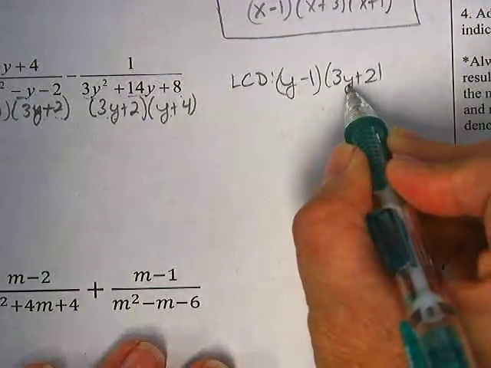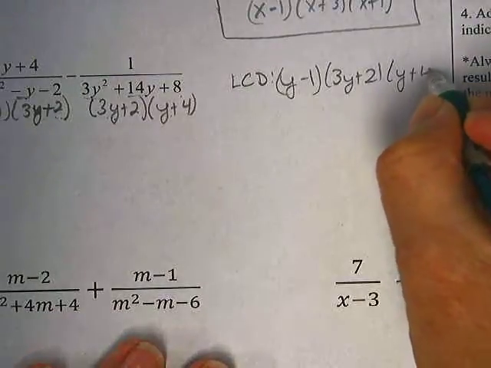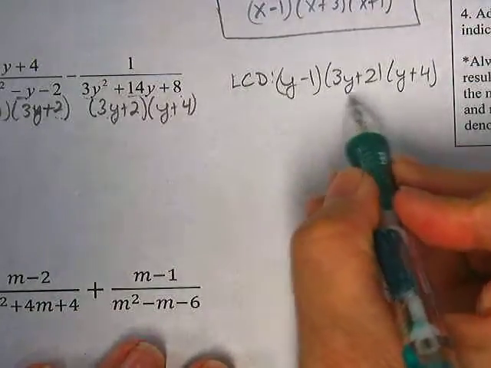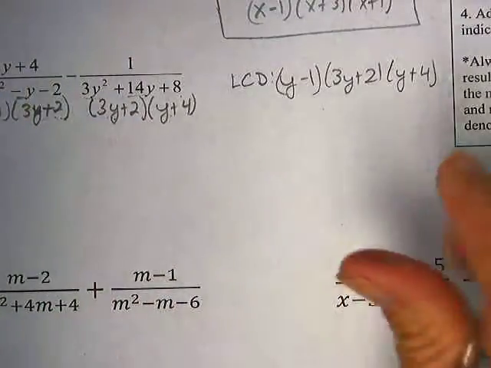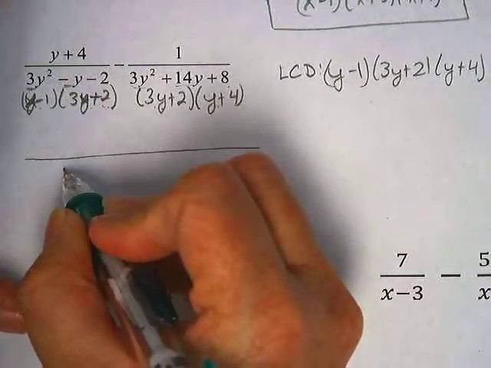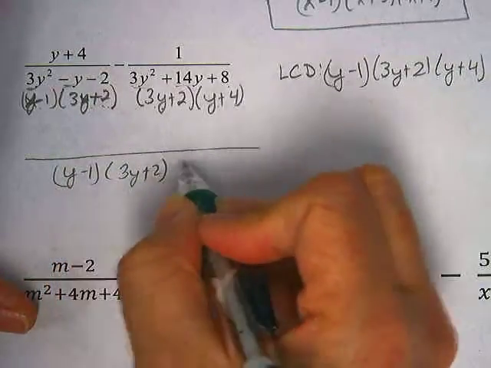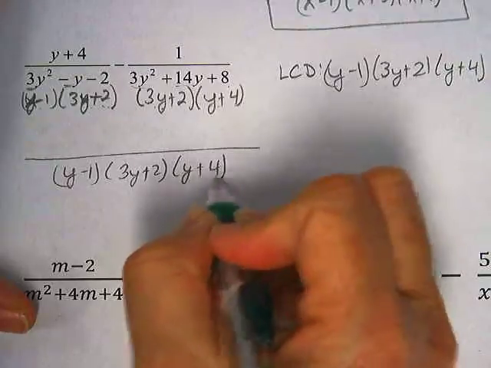So 3y plus 2, I've already got it listed, but y plus 4 needs to be in here. So my lowest common denominator is made up by these three factors. So let's write that out. y minus 1, 3y plus 2, and y plus 4.